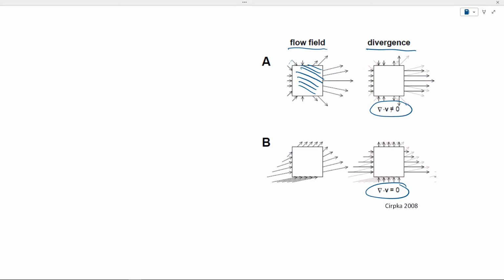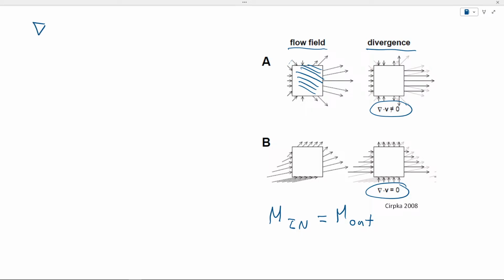When your divergence is equal to zero, it means you are at steady state: your mass inflow is equal to the mass outflow. You've reached equilibrium.